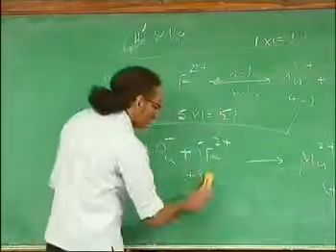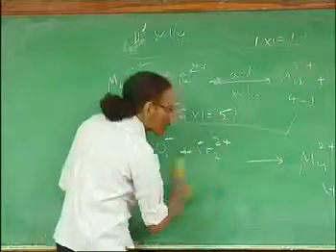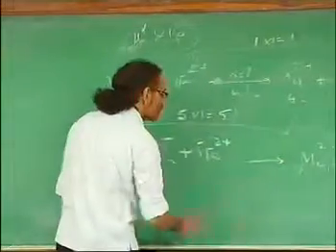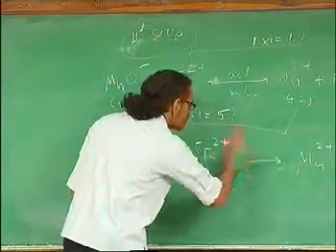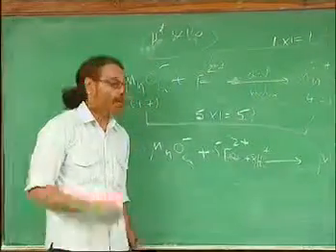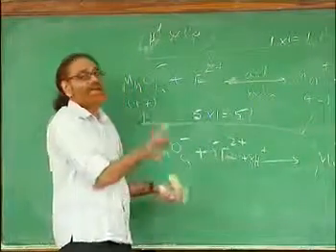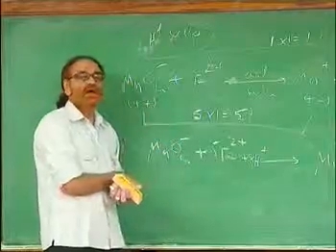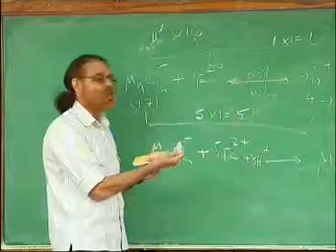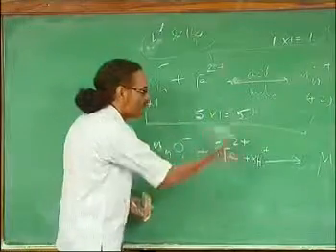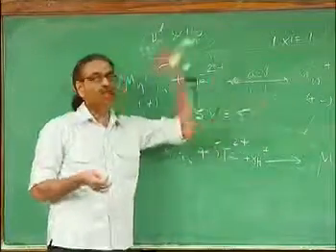Because we found plus 9 and plus 17, to adjust that, you add 8 H plus. I mean, you are adding 8 plus charges in the form of H plus ions. Therefore, it is now equal on both sides with respect to charge also, because 9 plus 8 plus is 17 plus, and that is already 17 plus.